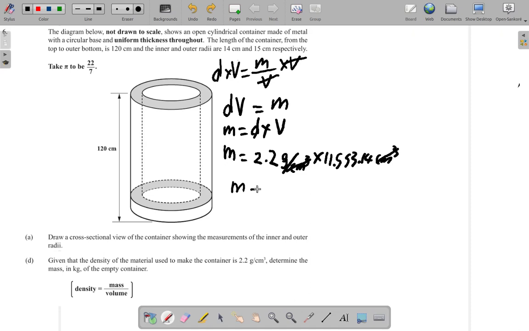So the mass is going to be 2.2 multiplied by 153.14.